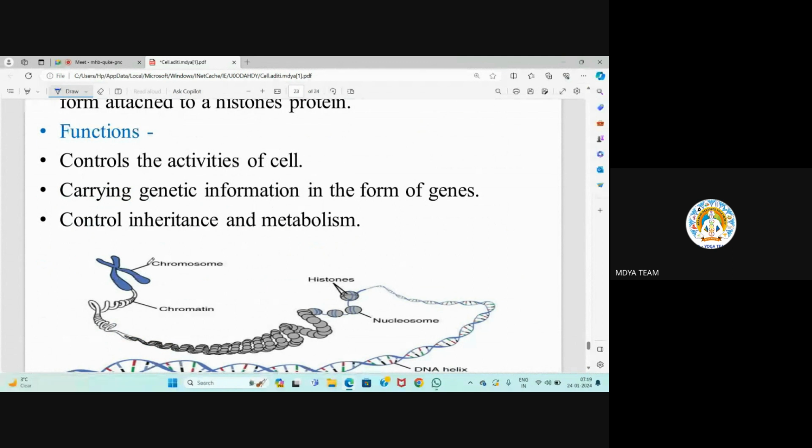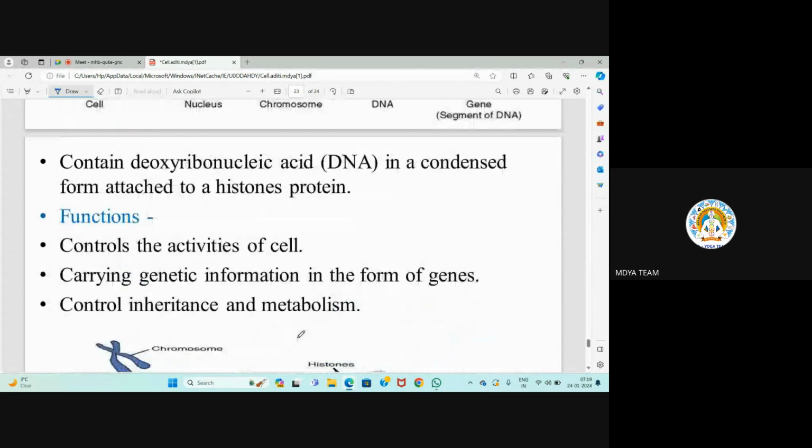This structure is known as chromosome, and this highly coiled structure is known as chromatin. These chromatins are attached to histone protein.